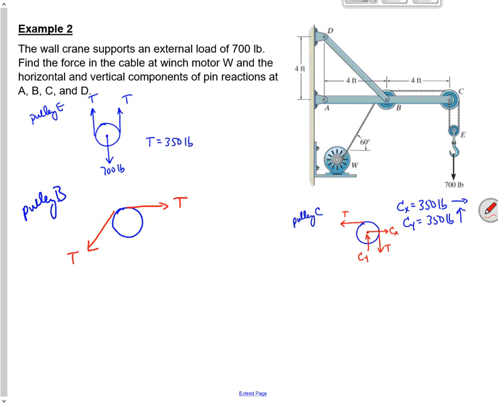Both of those are T. And this angle is 30 degrees. And then I've got two forces. I've got a BY pointing that way, and then BX is going to point to the left because the tension pointing down produces less X component than the one to the right.